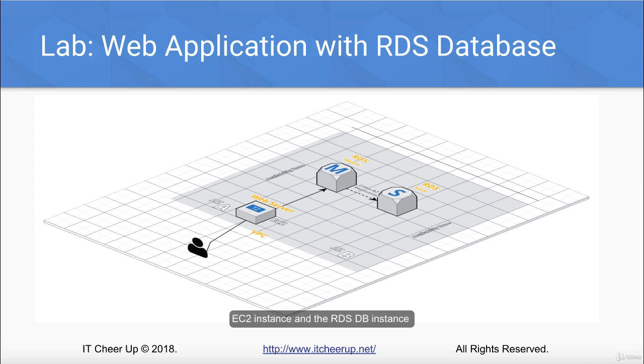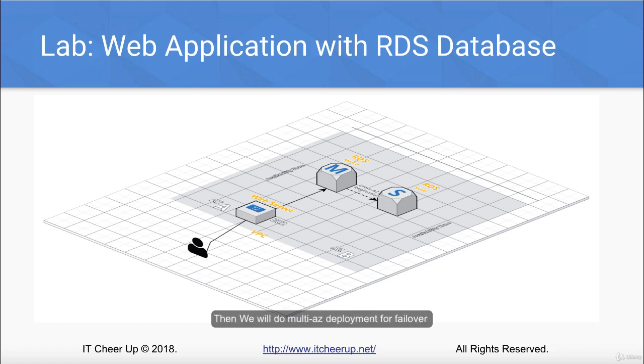Both the EC2 instance and the RDS DB instance run in a VPC based in Amazon Virtual Private Cloud Service. The VPC has a public subnet for web server and a private subnet for the database.